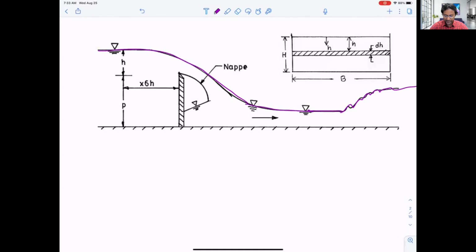Just above the weir, the water surface is not horizontal. That's why we use the 6 times height at the upstream. Then we can measure a horizontal surface, and our measurement will be okay. Then that is the nappe flowing, and if it is a free fall, then definitely under this nappe we'll have empty space.